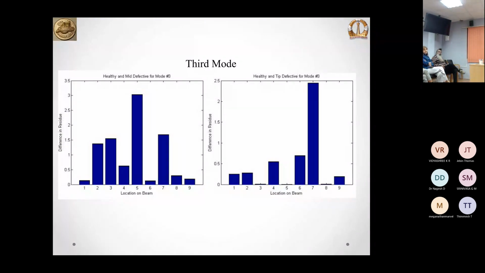But for that, we need a healthy structure, before the structure is put to function. We need the impulse signatures that we compare over time. Then this technique will give the damage location.